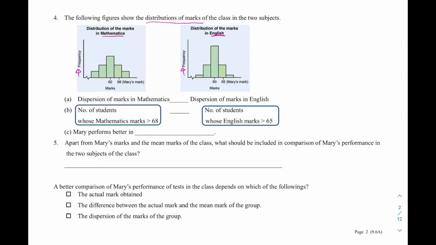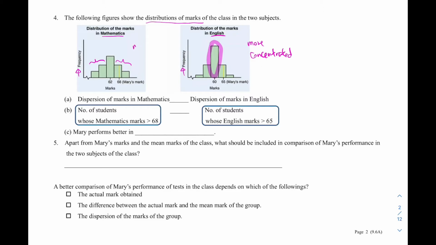For English, there are more data in the middle. So we can say that the data is more concentrated about the measure of central tendency. And for mathematics, you see that there are more data below 62 or above 62.